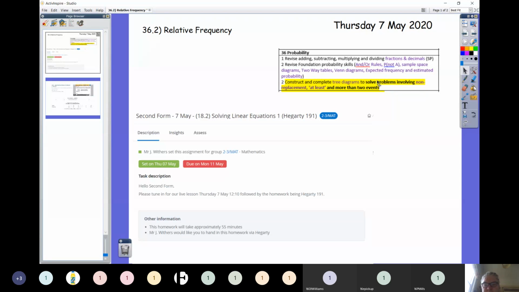So I'm sure you don't hugely mind, but the next couple of lessons aren't difficult. They are foundation level. It does still come up in the higher paper, so this is all genuine stuff. The bit we're focusing on now is expected frequency, which is also called relative frequency, okay? And it's very straightforward stuff.